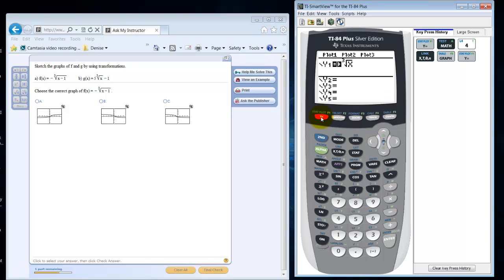So go into the y editor and go under the radical. Arrow over until you get under there, and insert by clicking second delete. It's actually the insert key. Insert a parentheses, move to the right of the x and say -1, close your parentheses, and let's look at that.